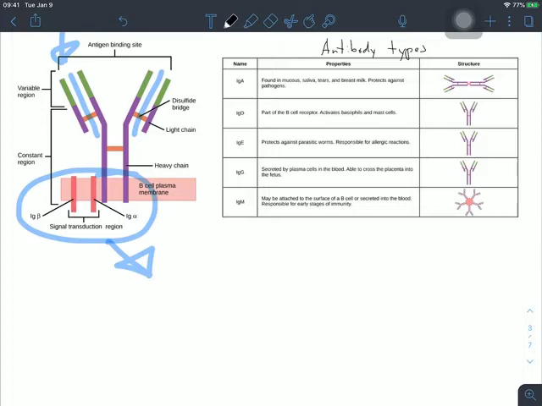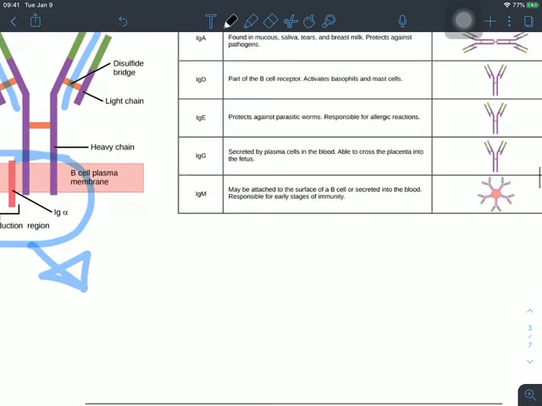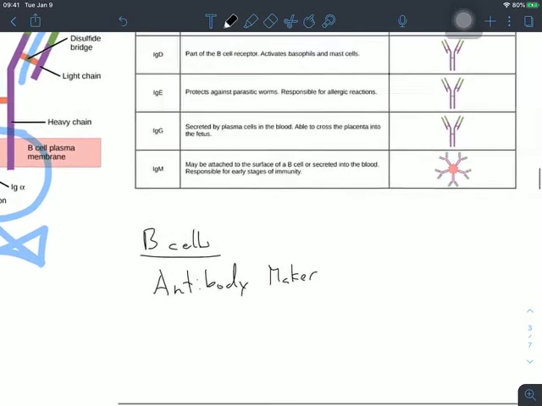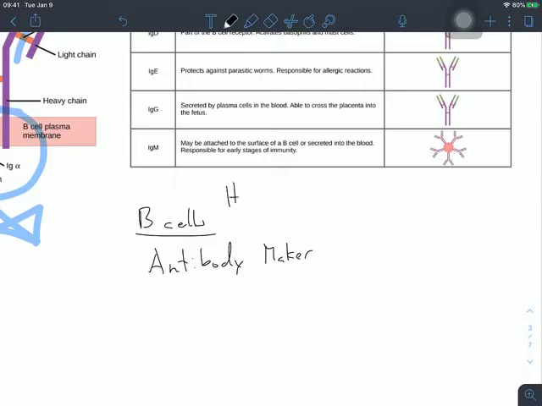And now, in regards to your B and T cells, your B cells are your antibody makers. And as your antibody makers are therefore part of your humoral response.